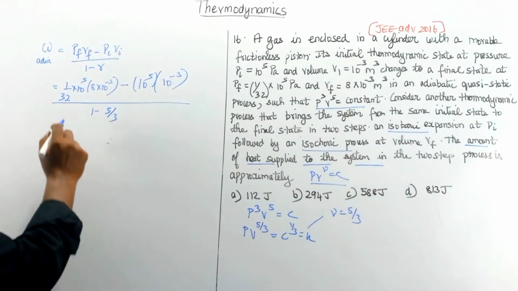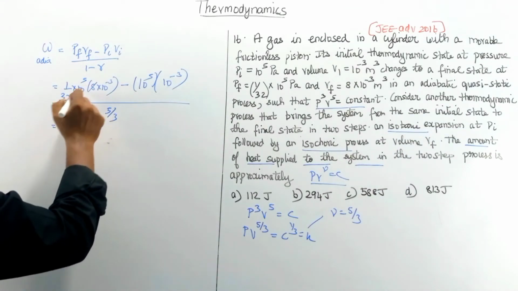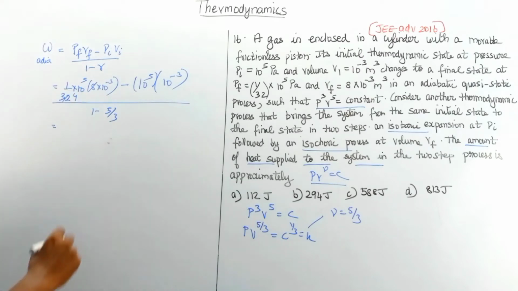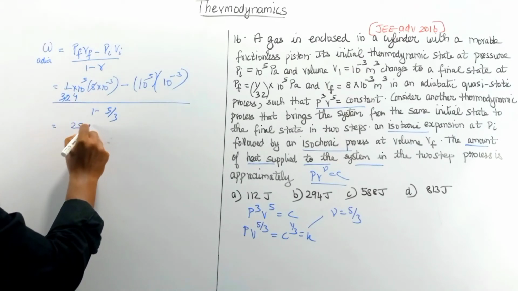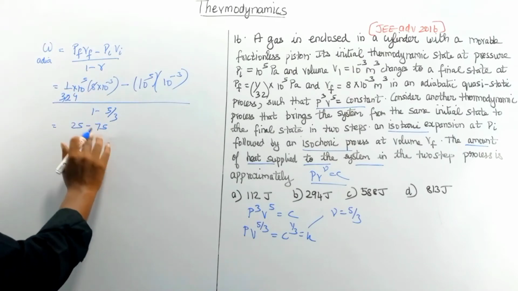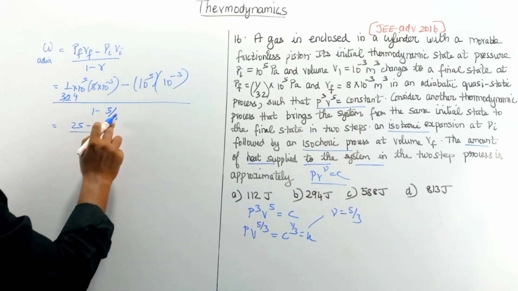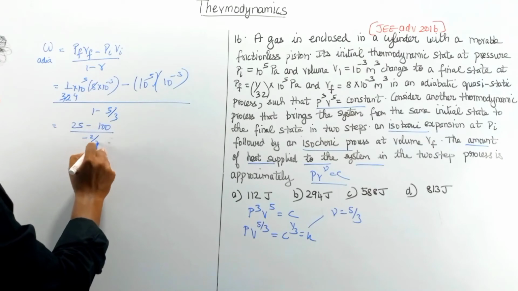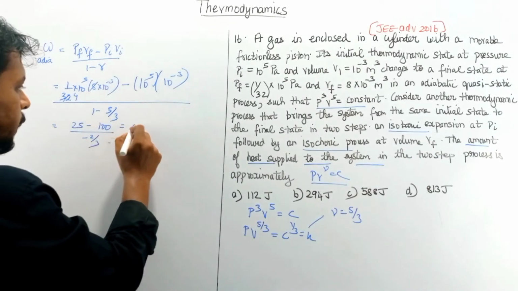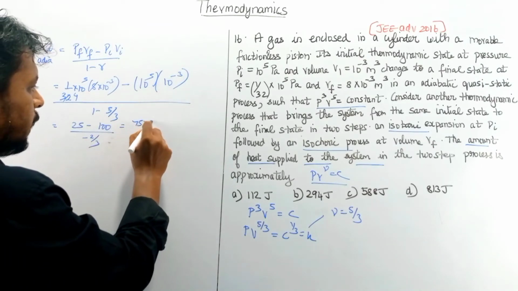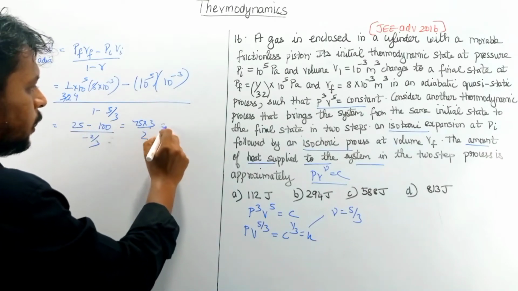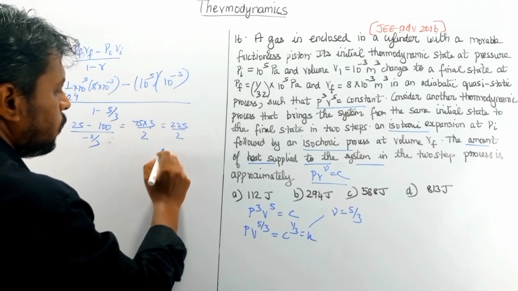When you do this calculation, you will get 25 minus 100, divided by minus 2 by 3. So we get 75 into 3 by 2, which is equal to 225 by 2.